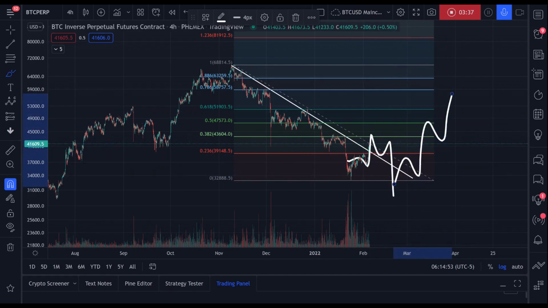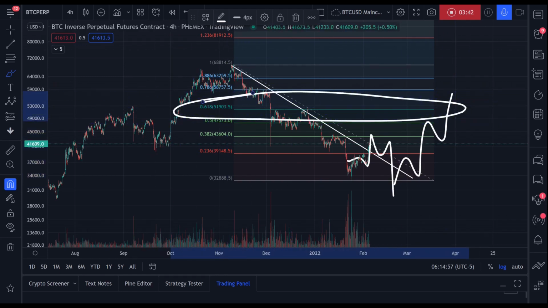Remember that 10618 is the top, meaning that is the maximal retracement of a 2-wave, if this indeed is a wave 1, okay? So we don't expect Bitcoin to come above the 52K region, right?